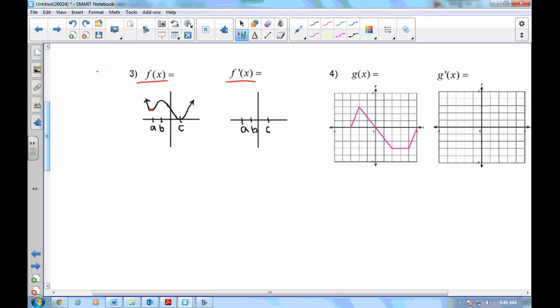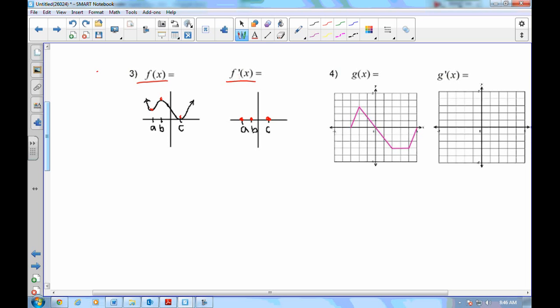A, B, and C. Does this have smoothness, or does it have corners where we're going to have to put open circles? Smoothness, so we can connect. So at A, B, and C, you have zeros. Interesting that we call that a 0, right? The slope is 0, and we call x-intercepts solutions, and we also call them zeros.